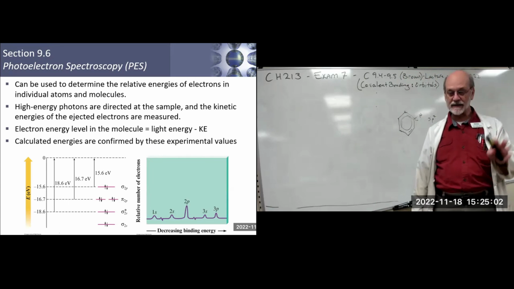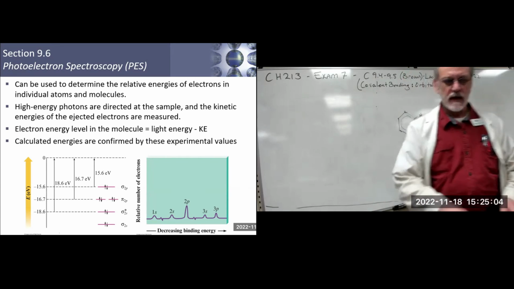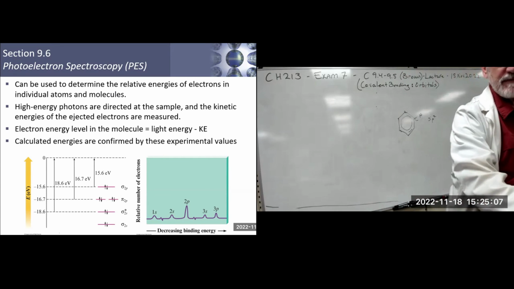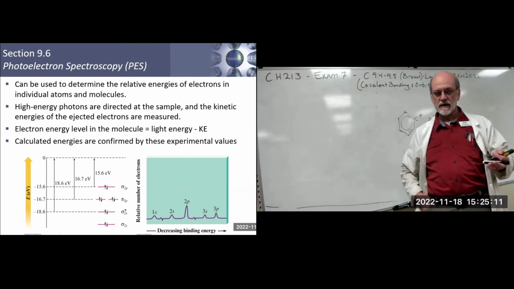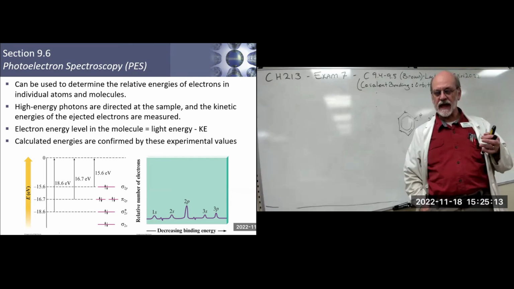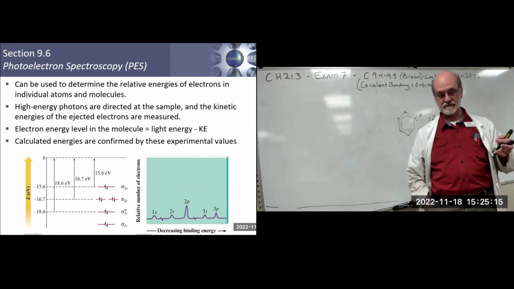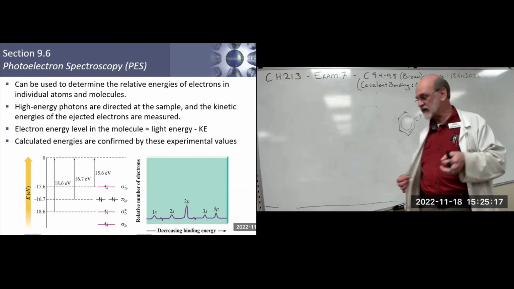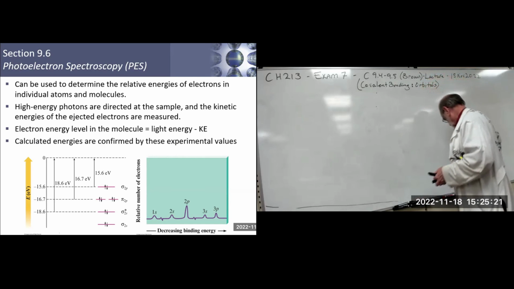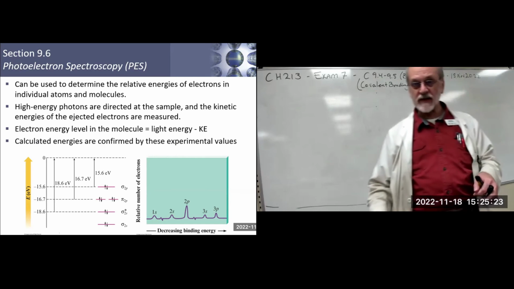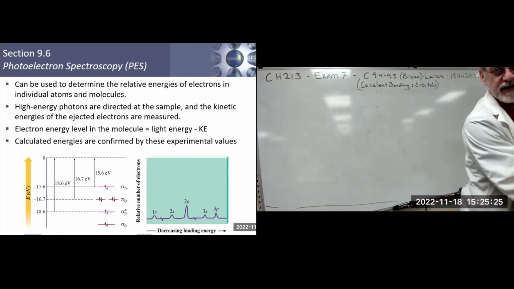This last slide describes a method for actually measuring the energy levels in a molecular orbital system. And it's based upon, actually, it goes back as far as the photoelectric effect.